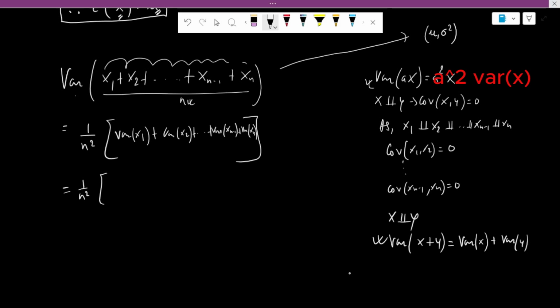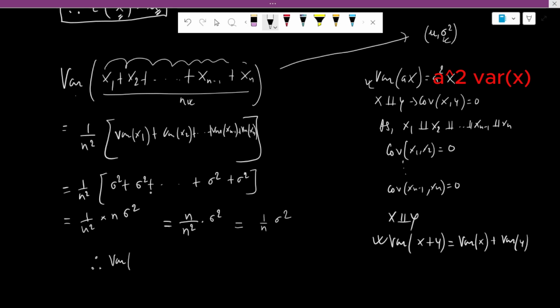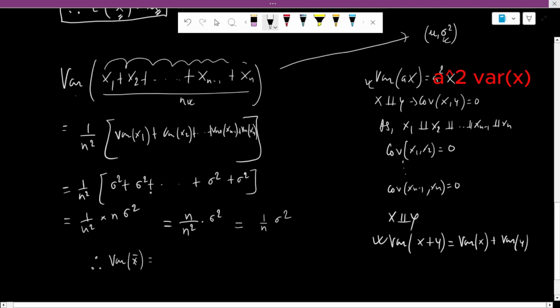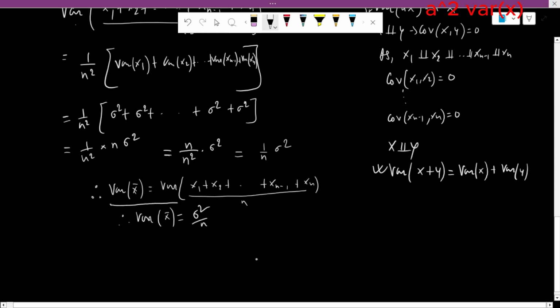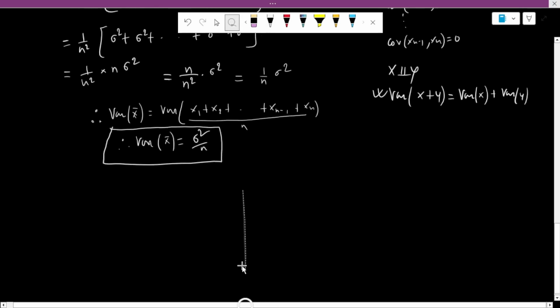So the variance of x1 is also sigma square, and the variance of each random variable is equal to sigma square. So this is equal to 1 by n square, and we have n number of sigma square. Therefore, the variance of the sample mean, variance of x bar, is equal to sigma square divided by n.